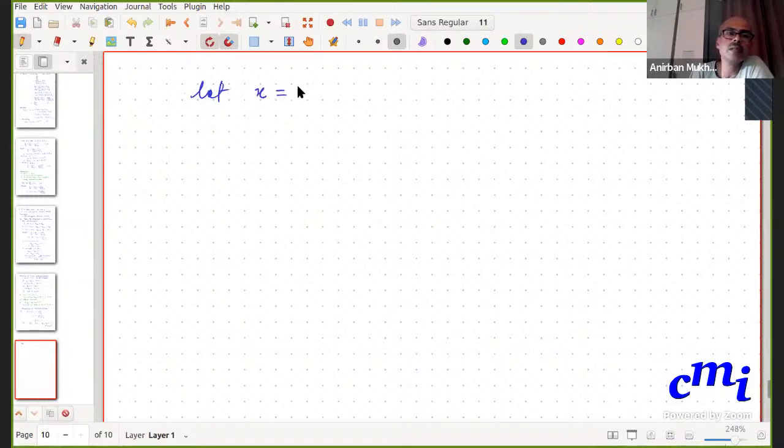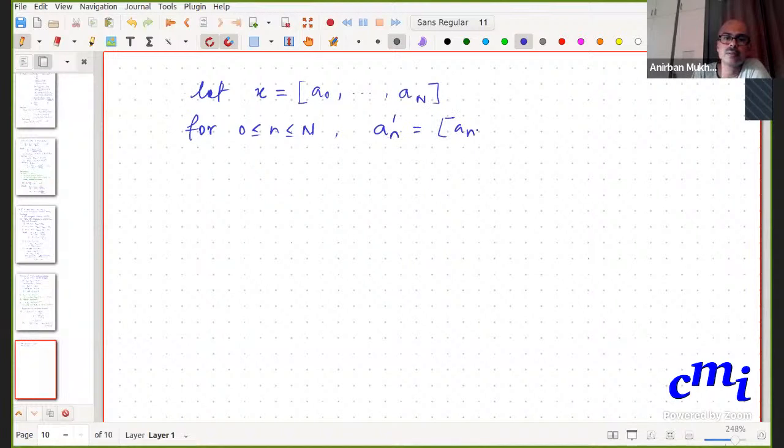Let x be equal to the continued fraction a0, ..., aN. The an dash, for 0 less than or equal to n less than or equal to capital N, we have already defined, and we call this the complete quotient.